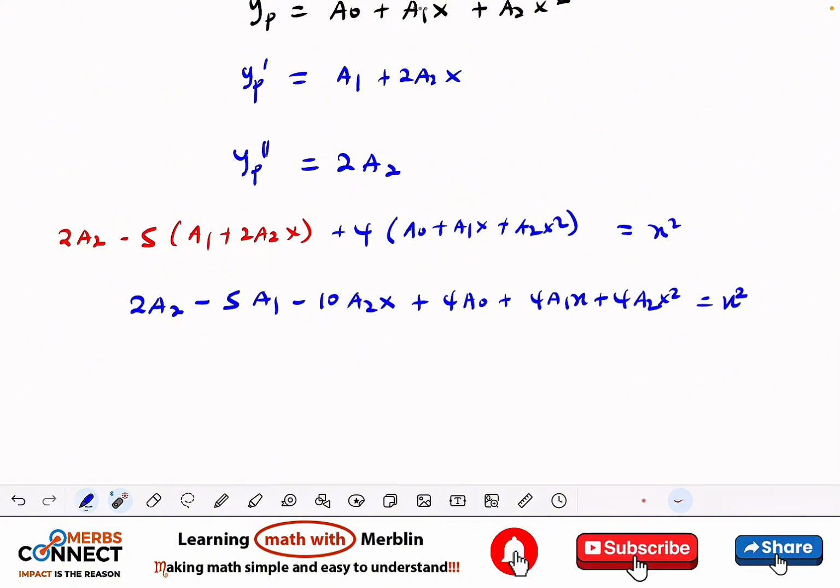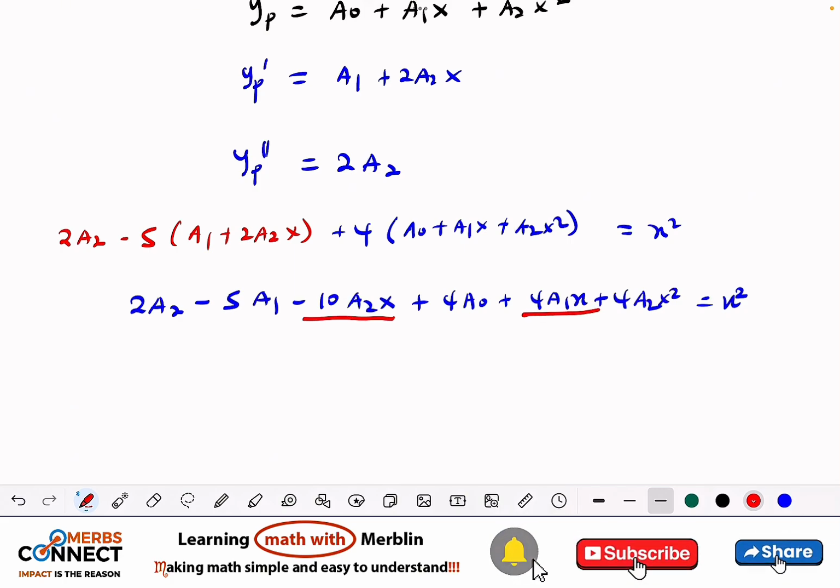Now let's see if we can group some terms here. Let's look at the terms with x. This term here is x. This one too is with x, right? The one with the green are no terms with x, right? So let me write the one with the green.